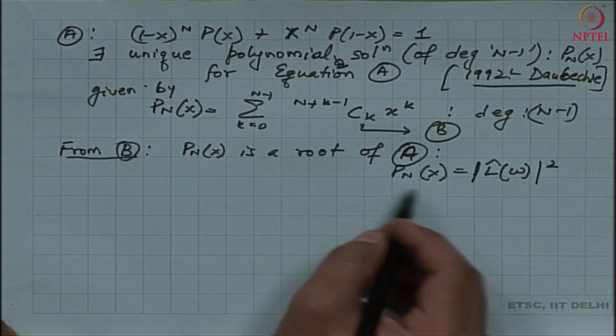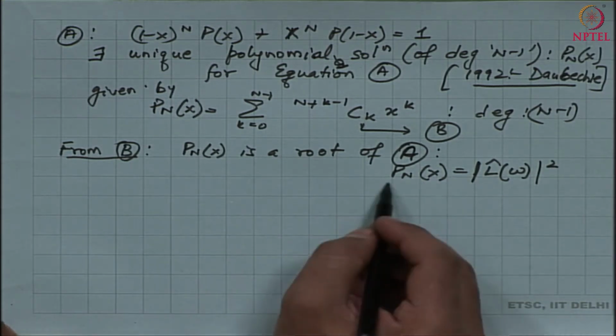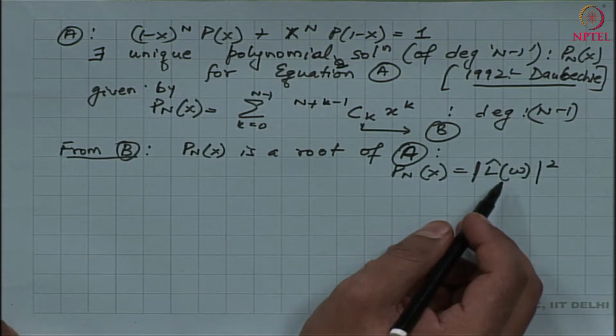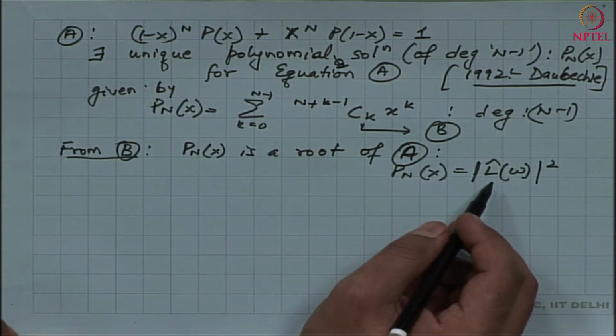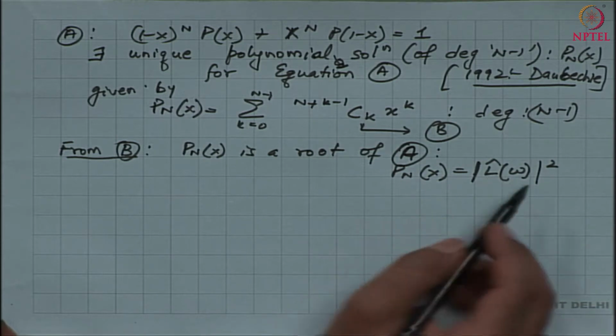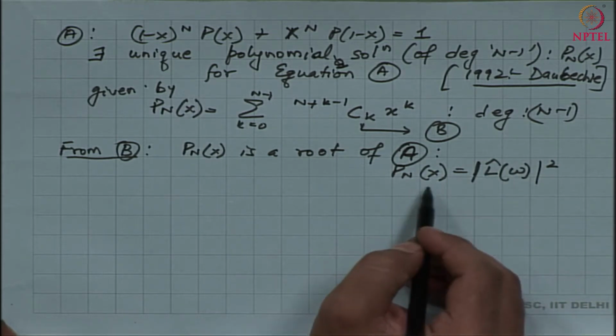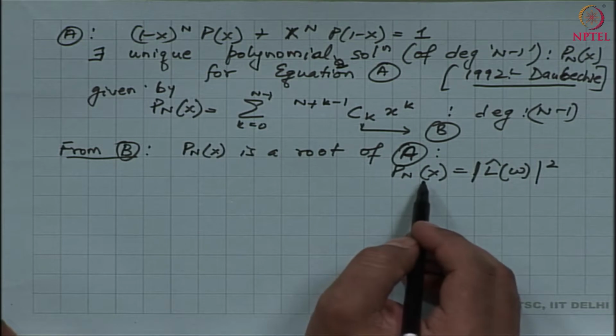So all I am left with now is how to find L hat omega from this function P n of x.